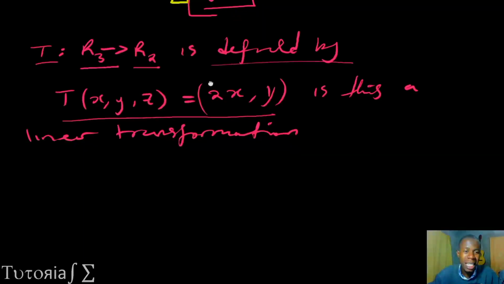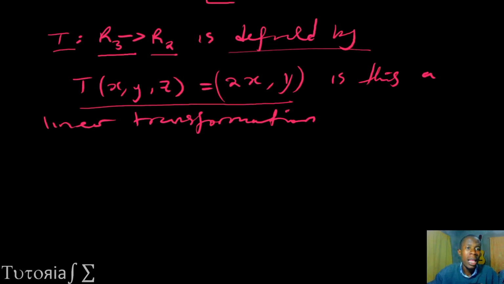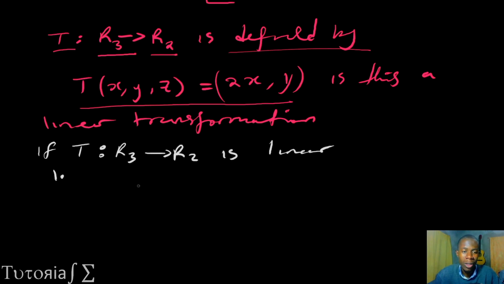Now, if this is a linear transformation, there are only 2 conditions that it should satisfy. If T, which transforms vectors in 3 dimensions to vectors in 2 dimensions, is linear, this goes for all transformations.